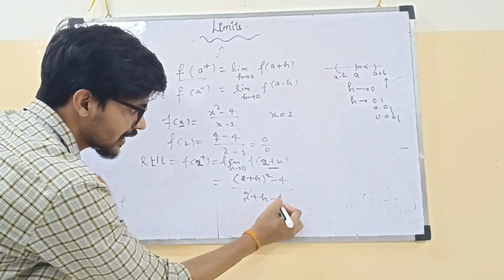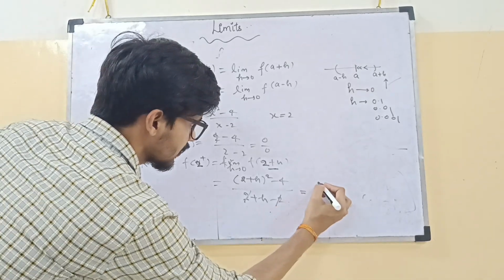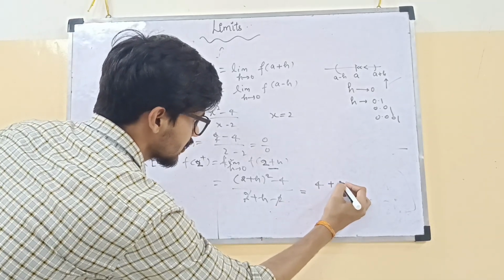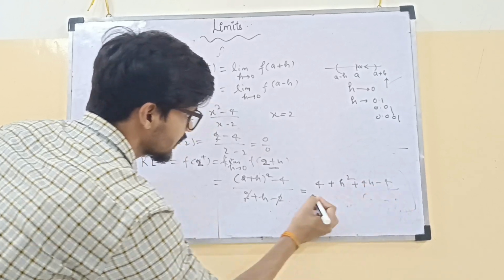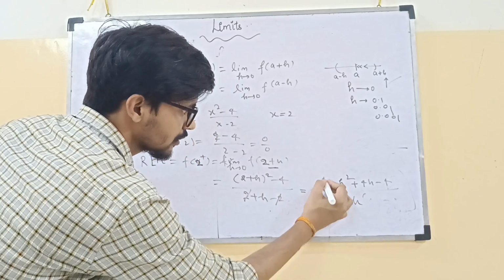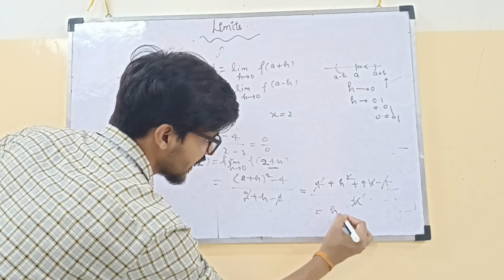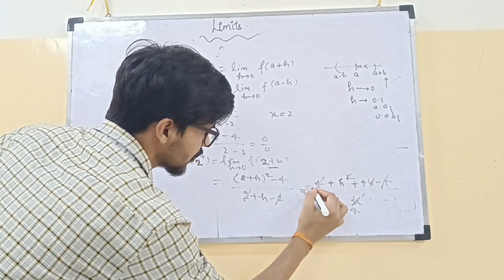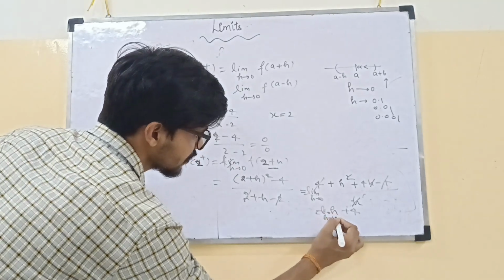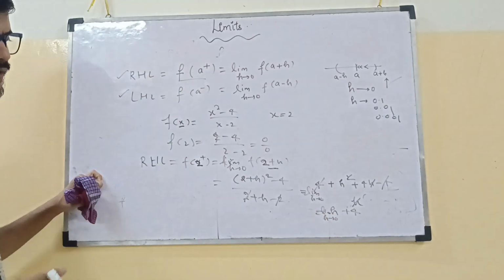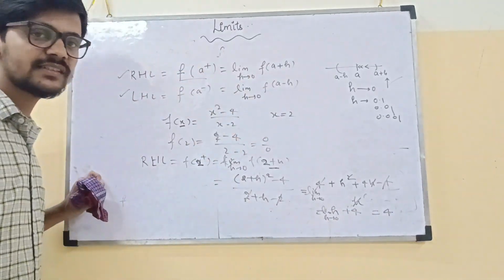That means you are cancelling these 2 and 2, and you will open it, and you'll get 4 plus h square plus 4h minus 4 divided by h. So 4 and 4 get cancelled, one h is going to cancel, so you are getting h plus 4. So limit h tends to 0, if you apply the limit, h will become 0 and your functional value from the right is coming as 4.